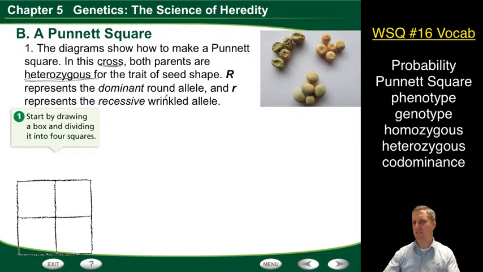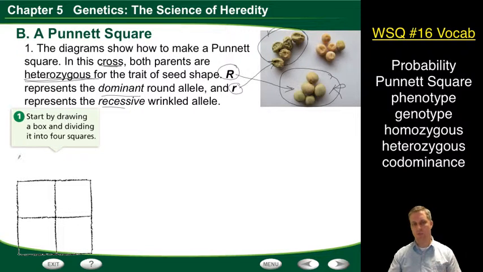So they're heterozygous for the trait of seed shape. Capital R is our dominant allele, and it's going to be round. So these are our round dominant trait. And lowercase r, our recessive trait, is going to be wrinkled. This is our recessive or wrinkled allele.